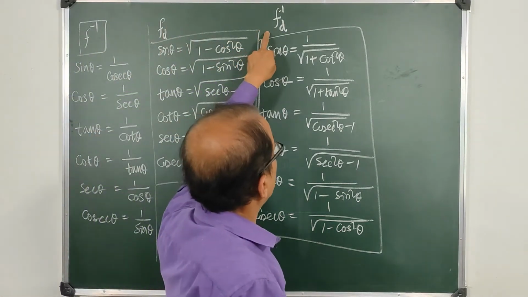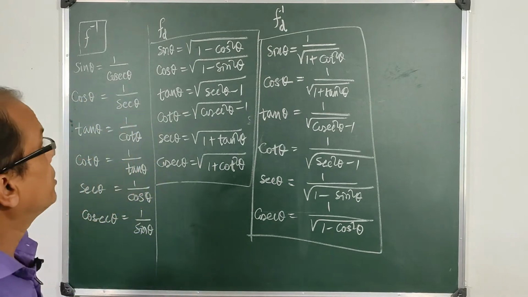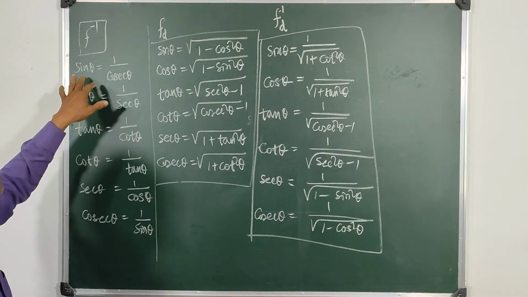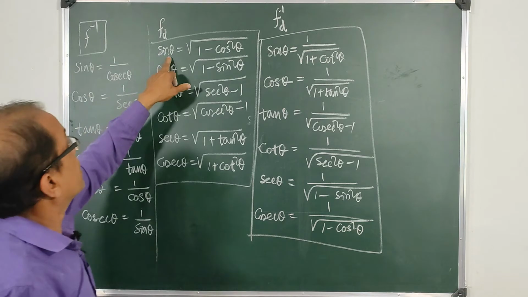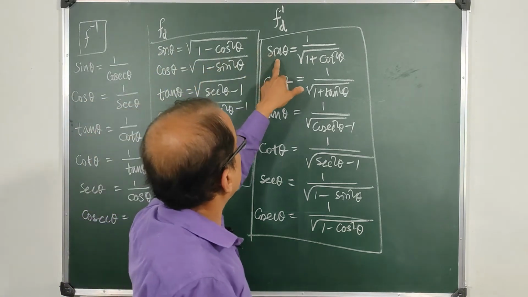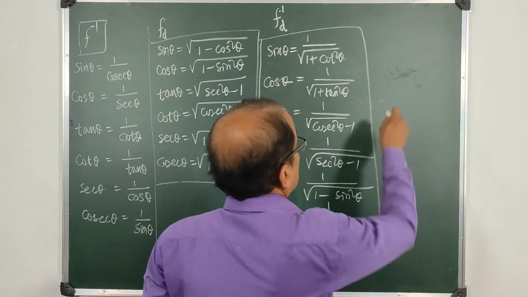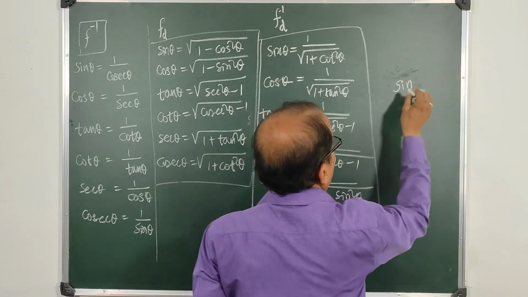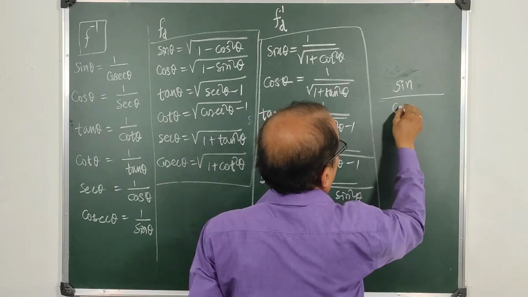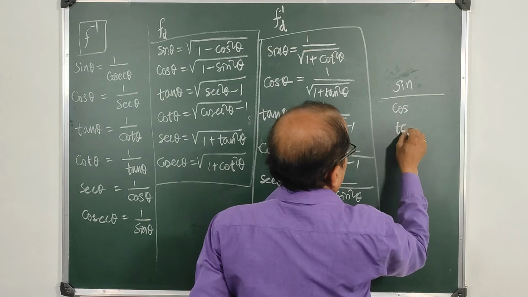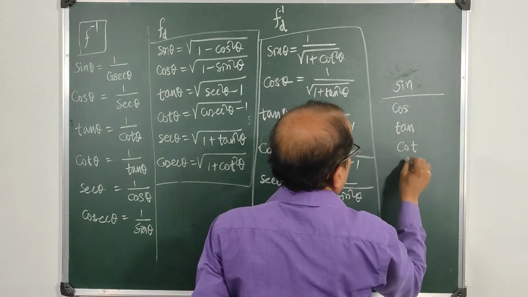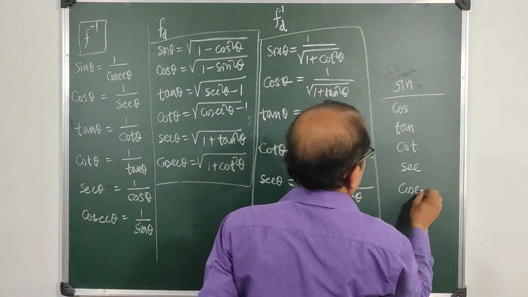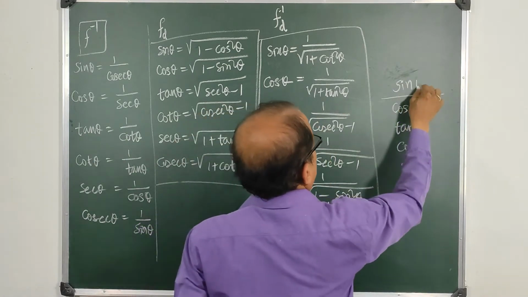There are 2 more things, because we have already got sin in terms of cosec theta, sin in terms of cos theta, sin in terms of cot theta. There are 7 different forms. Excluding sin, we have cos, tan, cot, sec, and cosec. Sin theta is sin theta.